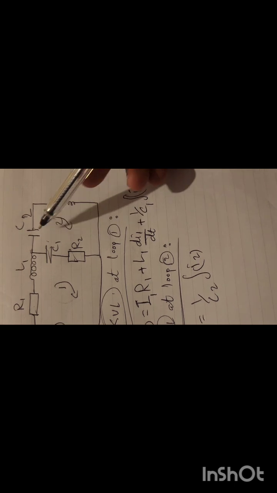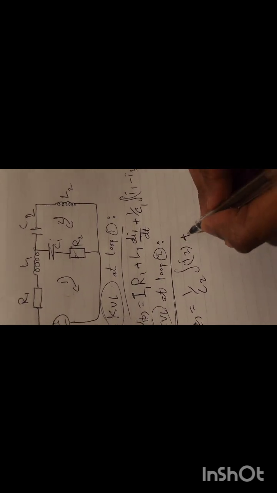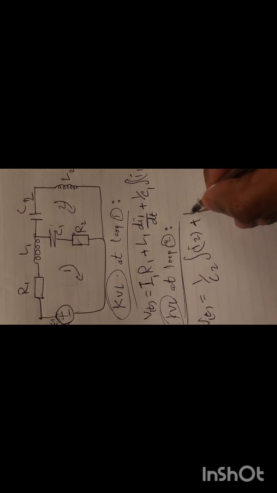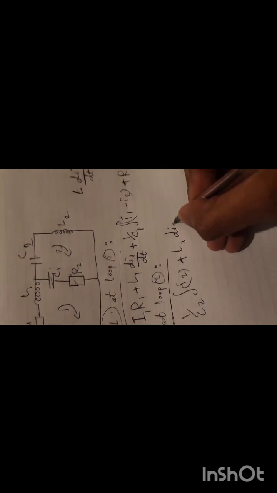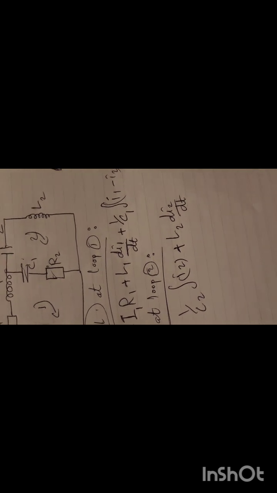Why just I2? Because there is no other current going into this capacitor, the C2 capacitor. So we have also an inductor, and for the inductor we have this formula L2 di2 over dt, the derivative of the current according to the time.